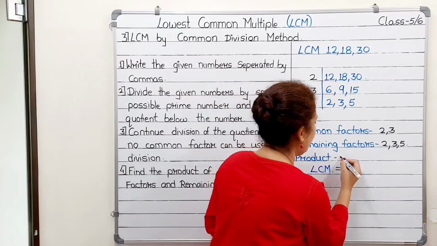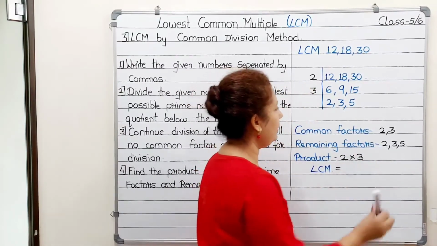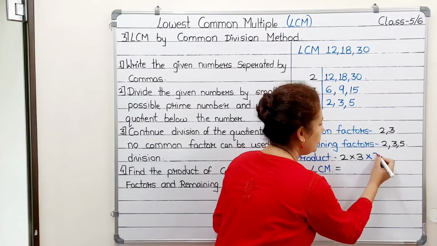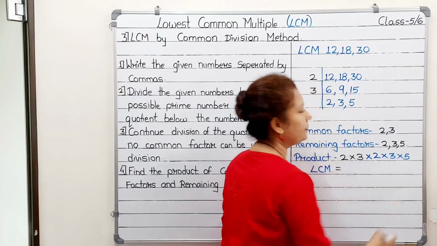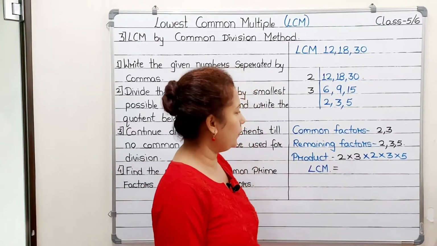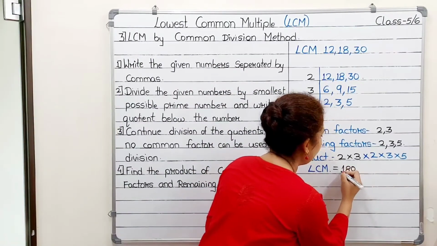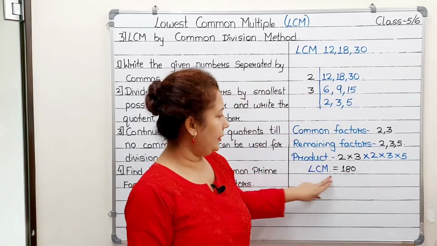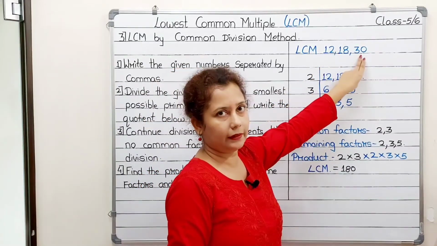Common factors are 2 into 3 and remaining factors are 2, 3 and 5. So when we multiply all these numbers, we get 180 as the product. So 180 is the LCM of 12, 18 and 30.